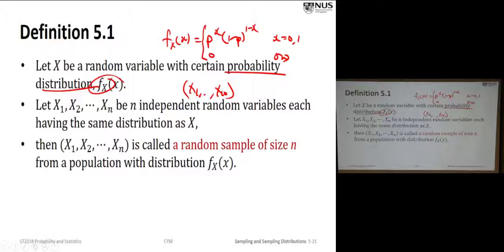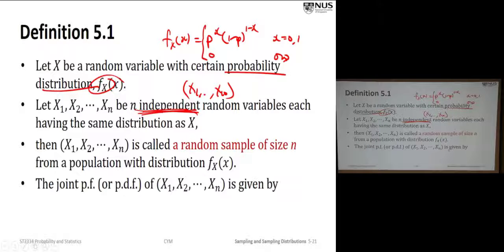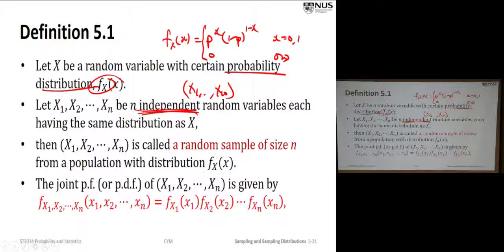That means a probability function if it's the discrete case, and a probability density function if it is a continuous random variable. Each of these X1 up to Xn is a random variable with the same distribution as f, the population distribution, and they are all independent. This is very important: the elements in the random sample are all independent.